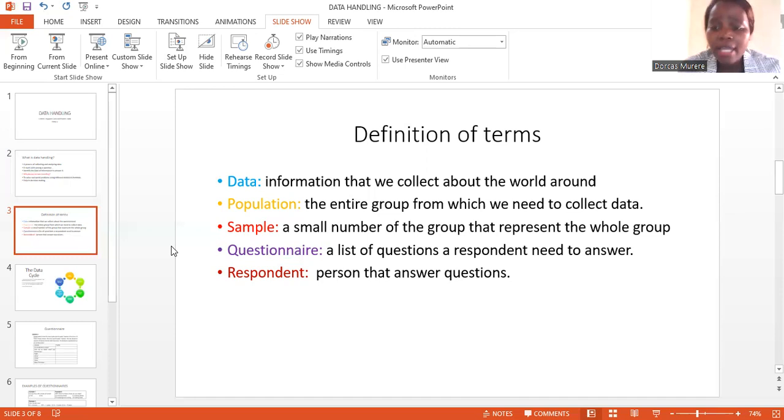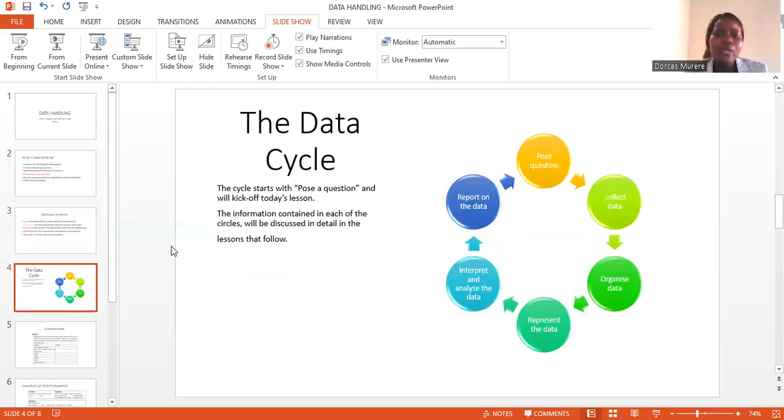Remember, like I said earlier, data handling is a process. So it involves stages called the data cycle. It starts, remember, with posing a question. This is a display of the data cycle.